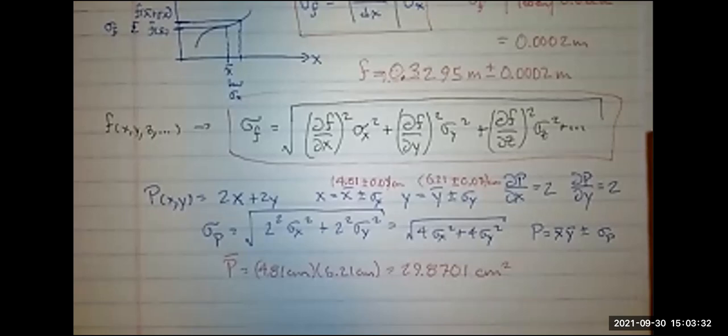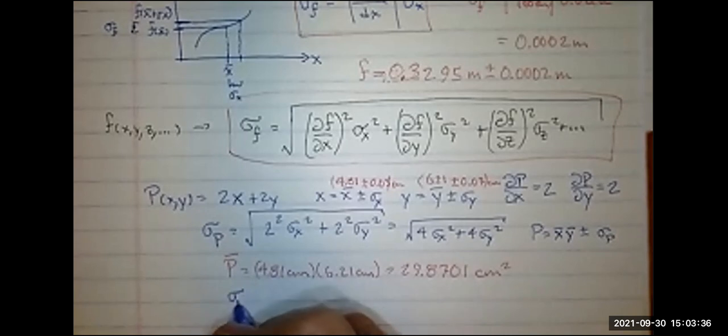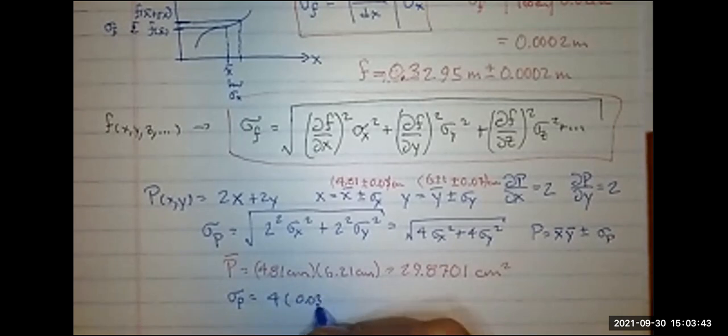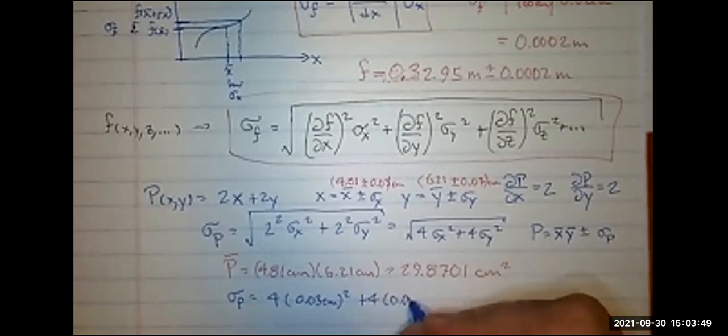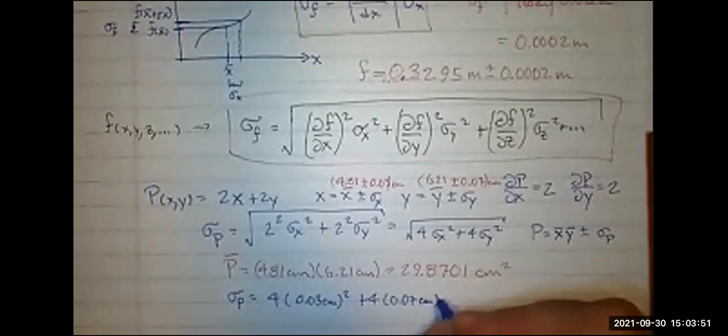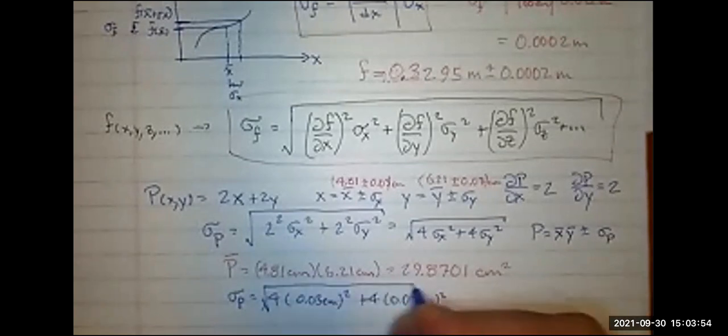Now, according to the formula I just derived, sigma P is supposed to equal the square root of 4 times, now sigma X was 0.03 centimeters squared, plus 4 times 0.07 centimeters squared.